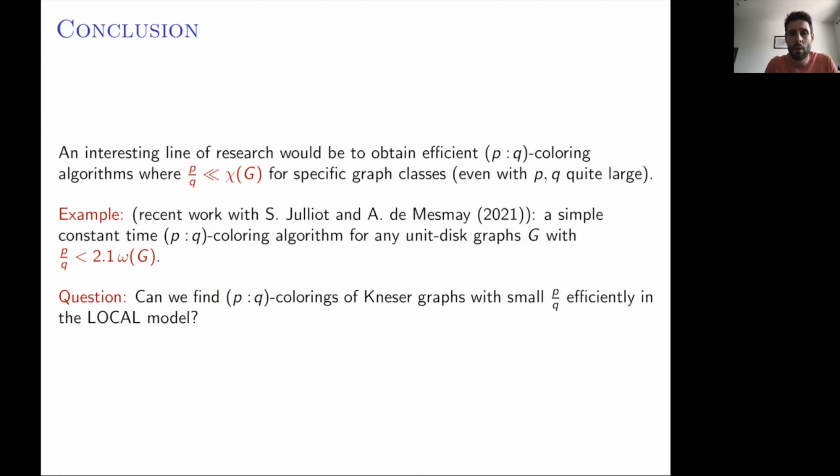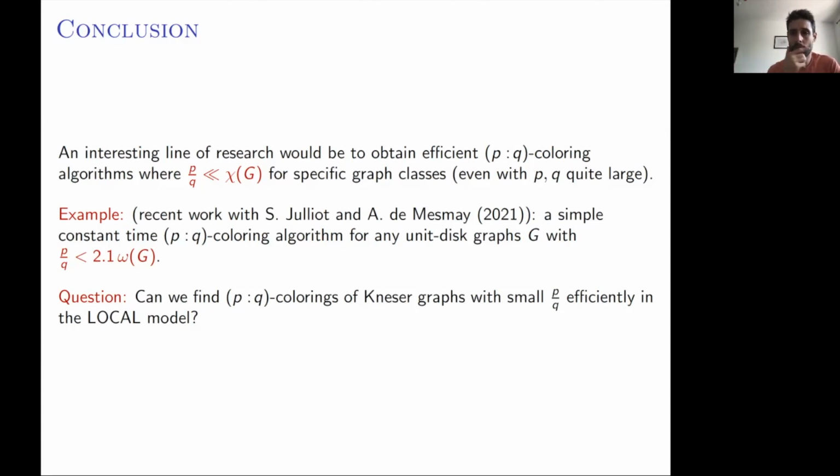So now if I give you some specific family of graphs, can you color this family of graphs efficiently in the LOCAL model of computation, say, find some very small P and Q with very small ratio P over Q, such that you can color these graphs? Can you do that efficiently in the LOCAL model?